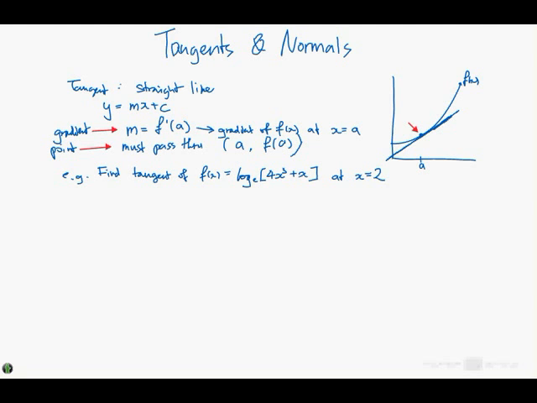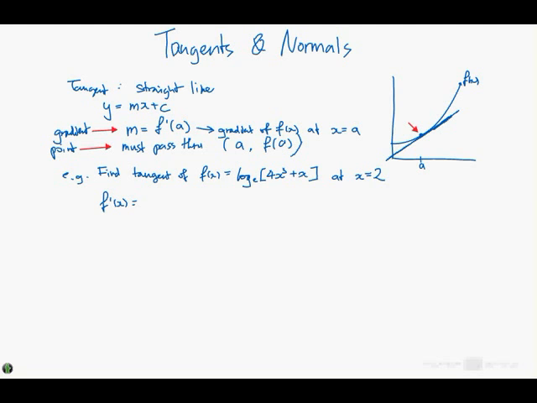So a useful start: f dashed of x is equal to, so you know that for a log of some function, the derivative is the derivative of that inside function divided by the original inside function.